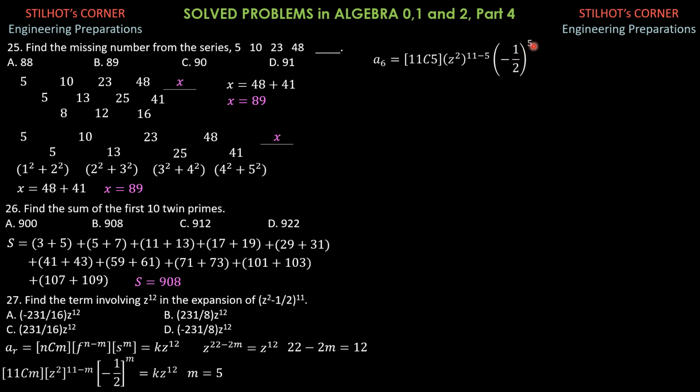And negative 1 half to the 5 is negative 1 over 32. 11 combination 5, so combining, the value of m is 5, and 5 is r minus 1. Therefore, r is 5 plus 1. So the term involving z to the 12 is the sixth term. But the important thing is this expression. So it is negative 231 over 16 z to the 12.